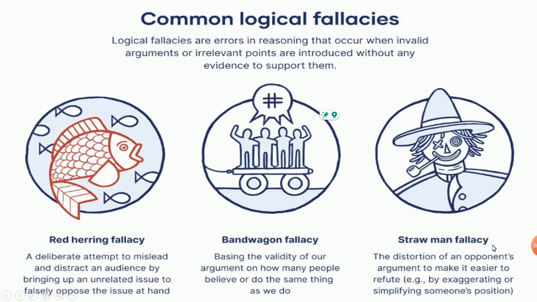Next is the straw man fallacy. So here, instead of refuting the other person's argument, we are distorting it. For example, somebody says something with excitement, and we dull them by not considering it worthy at all.